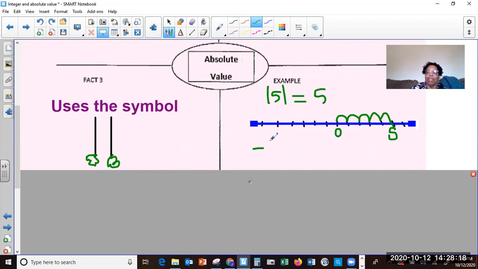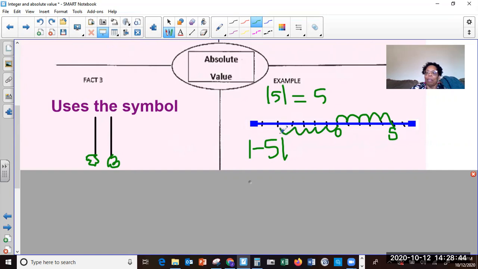What's the absolute value of negative 5? Well, let's see. It's the distance from 0 again. 1, 2, 3, 4, 5.